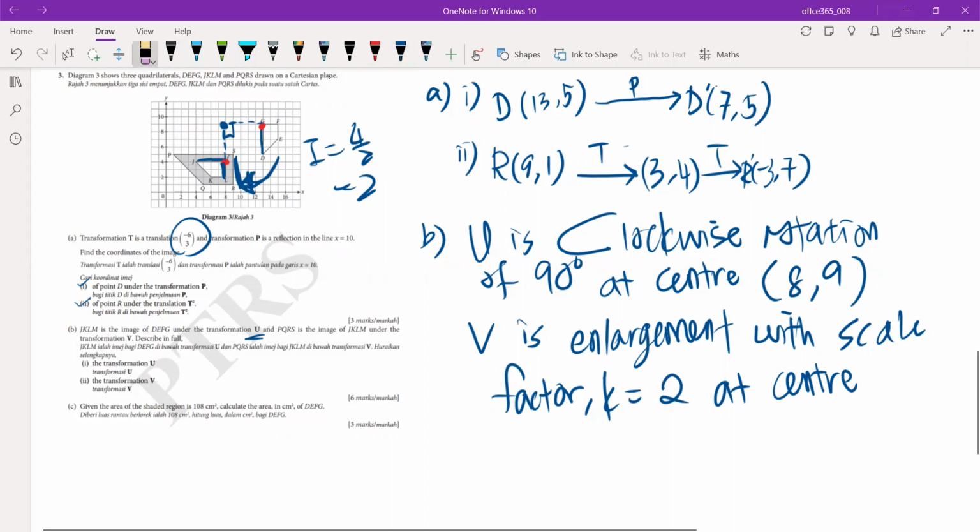So you have to check to find the center of enlargement. You take the point and the point, corresponding point, join the, and then this point and this point. So is it the intersection here? 7, 3.